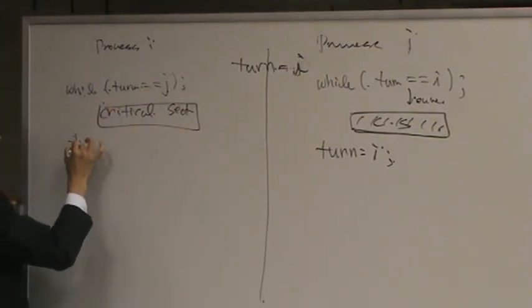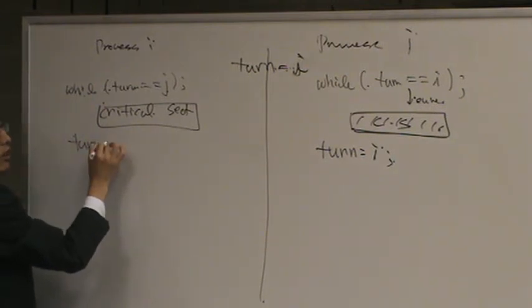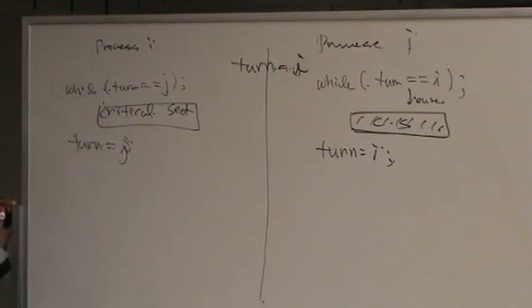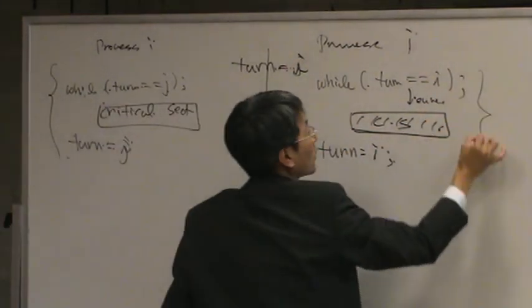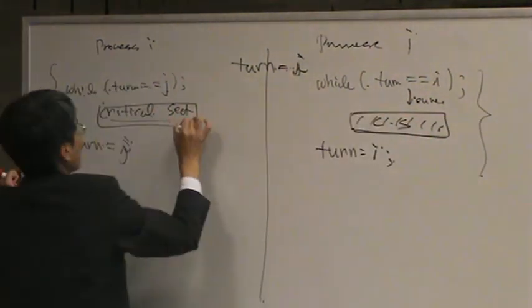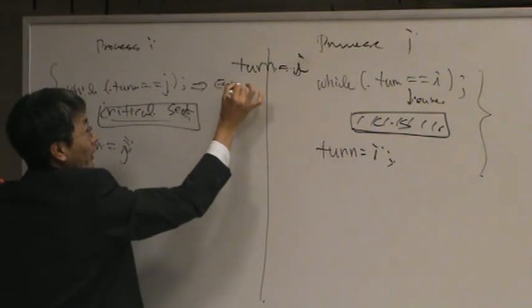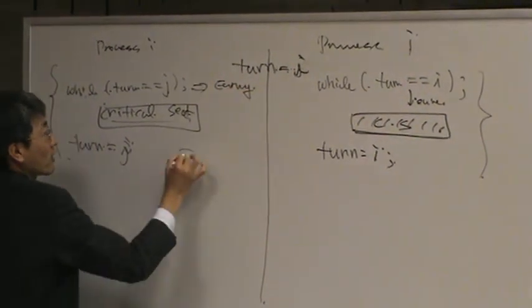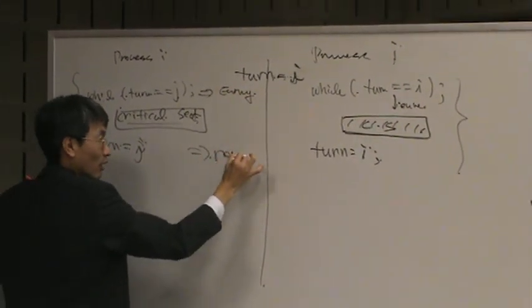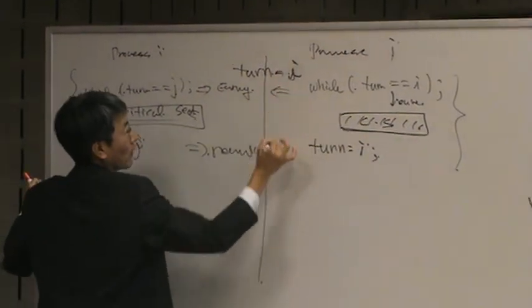Once it is done, turn is I. Then this will loop. So this is the critical section, this part is called the entry section, and this is the remainder section.